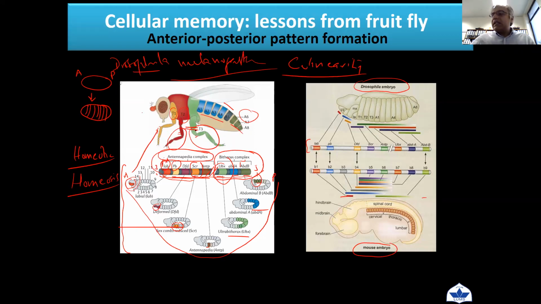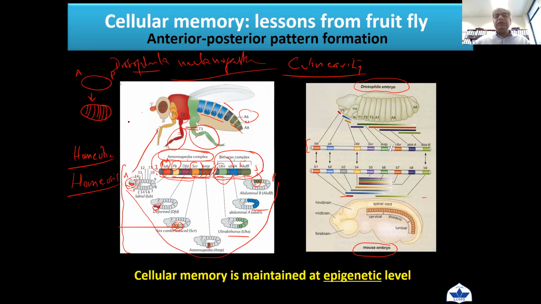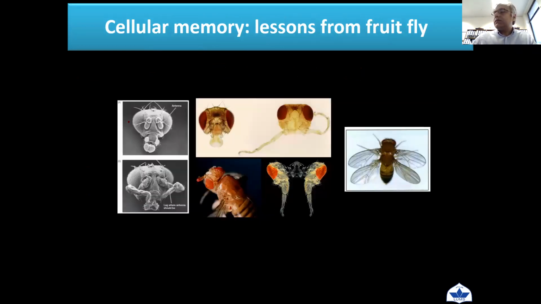So this maintenance function: once they are established, their transcription levels are maintained, or the cell type specific gene expression pattern of these genes is maintained, at the epigenetic level. So this cell memory, we call this, it is maintained at the epigenetic level.